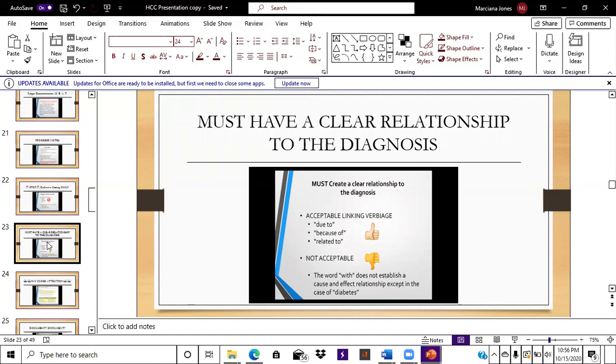Acceptable linking verbiage is due to, because of, related to. You say, that's because of, that's related to, that's due to that. Not acceptable: the word with does not establish a cause and effect relationship, except in the case of diabetes.